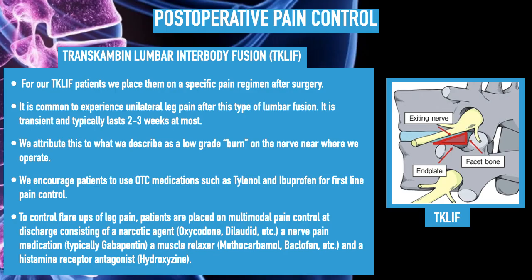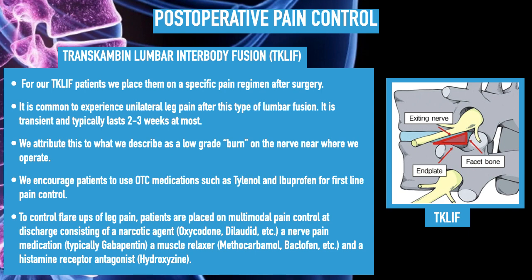For postoperative pain control, we'll start with our transpsoas lumbar interbody fusion. For different types of surgeries, patients will be placed on different medications. For transpsoas lumbar fusions, we access the disc space via Kambin's triangle, as pictured to the right.